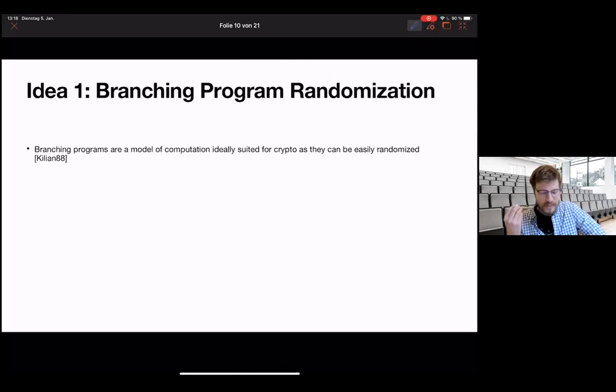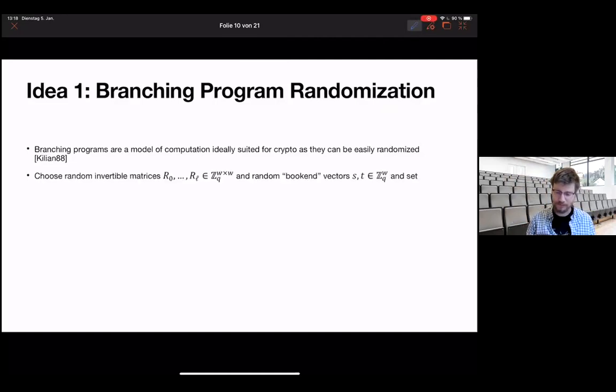It was long known that branching programs are really useful for doing crypto. They're a model of computation that fits nicely with crypto, because they allow for easy and very simple randomization. This was noticed back by Kilian.